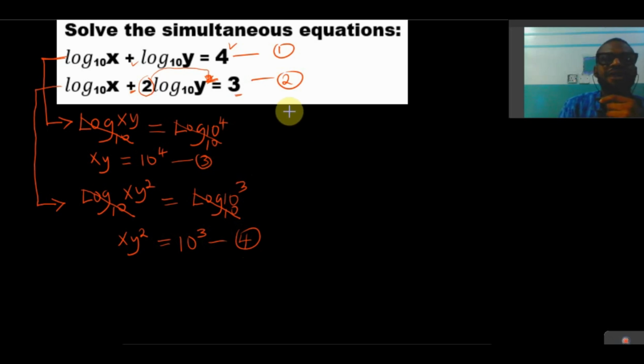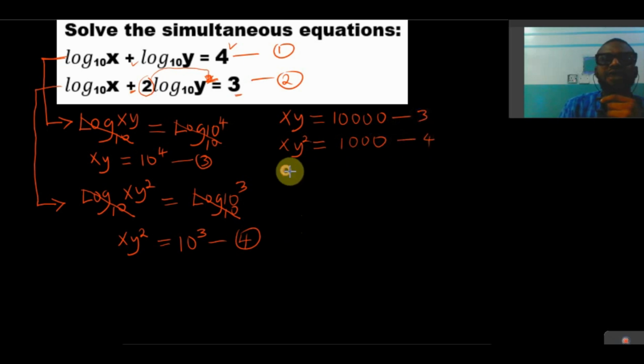So let me put them back here. I have xy equals 10 raised to the power of 4. That means 4 zeros. Then I'll now have xy square equals what? 10 raised to the power 3. I have 3 zeros. Now solving them simultaneously, I can say, okay, this is my equation 3, this is my equation 4.